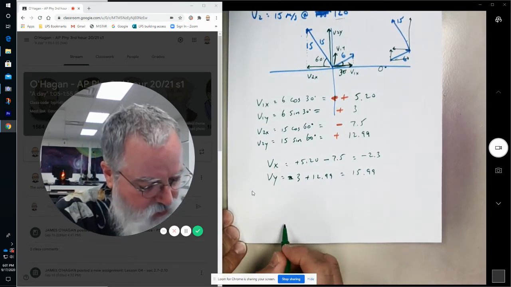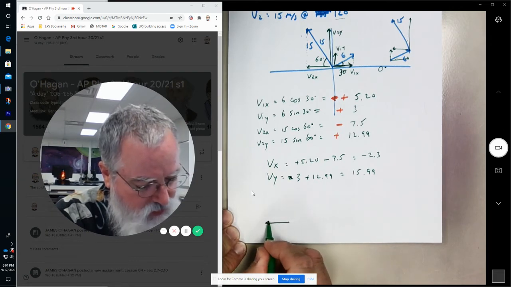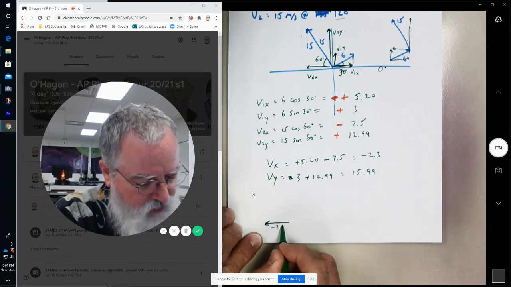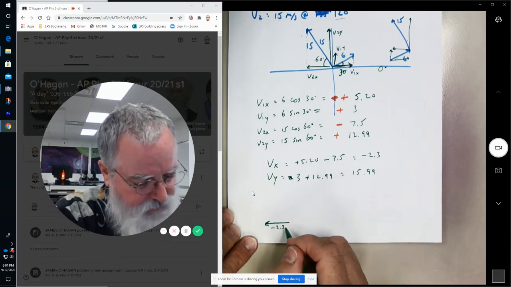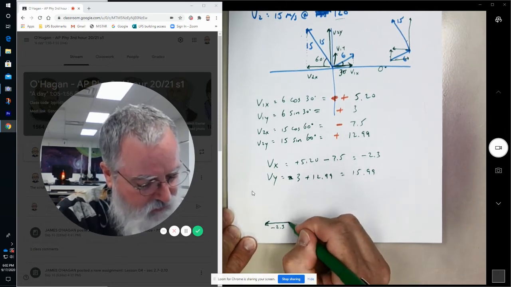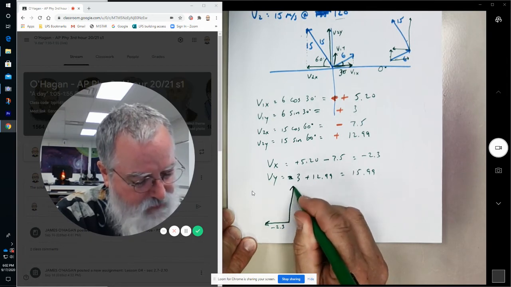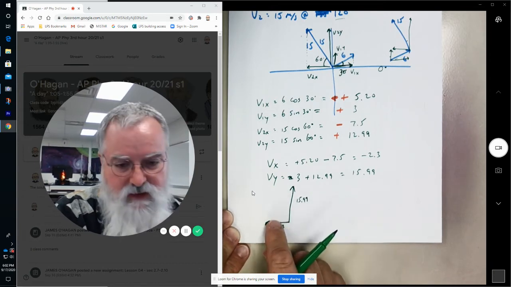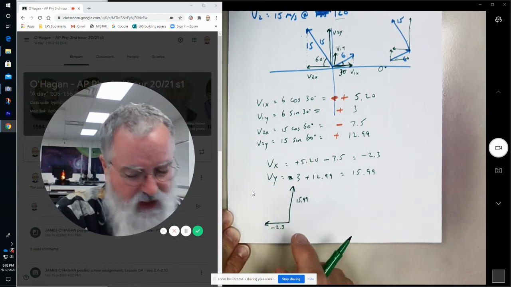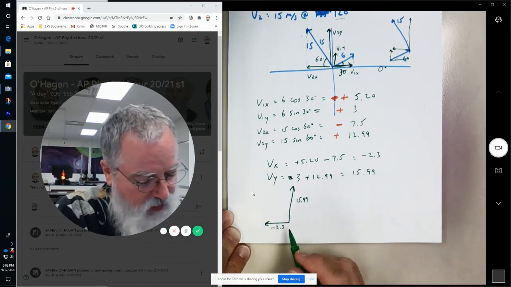We're back to a picture which goes minus 2.3. Actually, I don't care about the minus at this point because that just tells me which way to draw this picture. Up here, 15.99. And these two things we're going to add together as if they were forces or whatever.